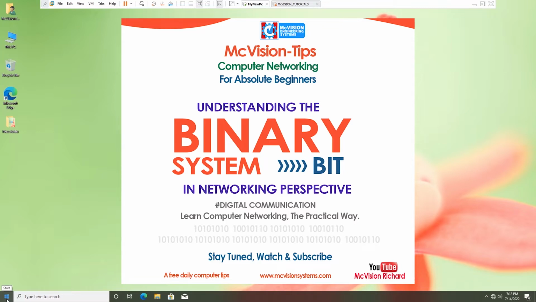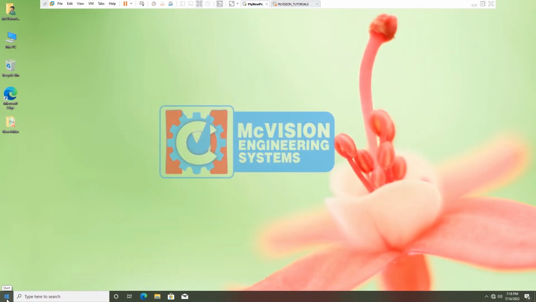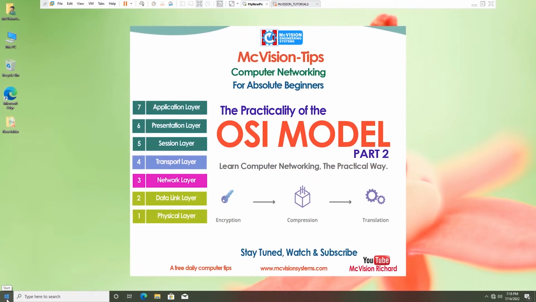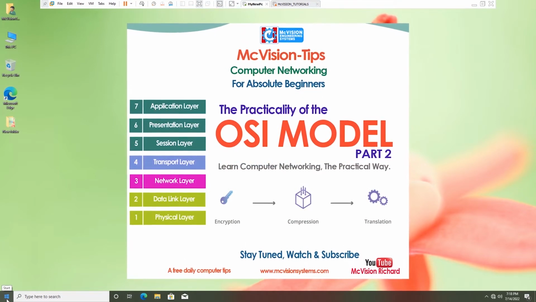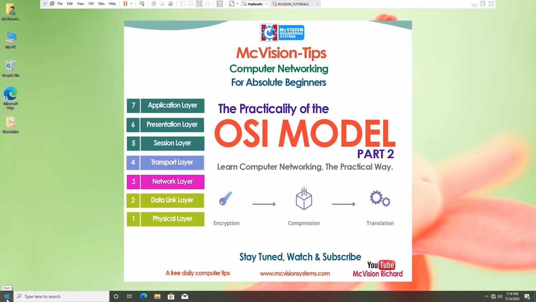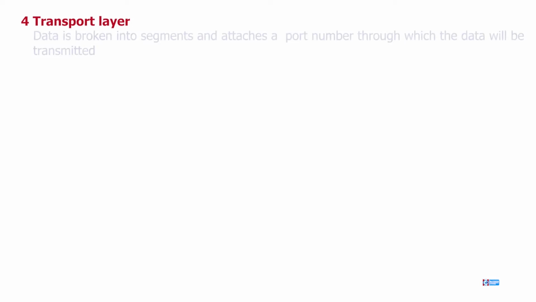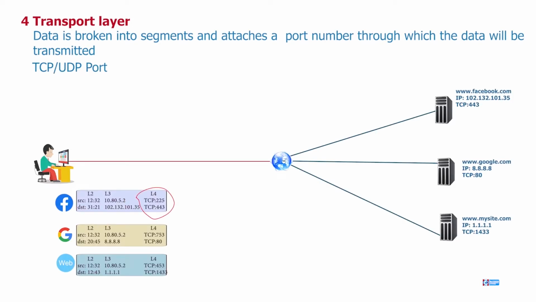To begin, let's reflect for a few minutes on the previous lesson. In the previous lesson, we completed part 2 of the OSI model lesson. We saw what the last 4 layers of the OSI model do to facilitate communication. We learned that the transport layer is responsible for port number addressing so that the right application receives the right response from the right server.